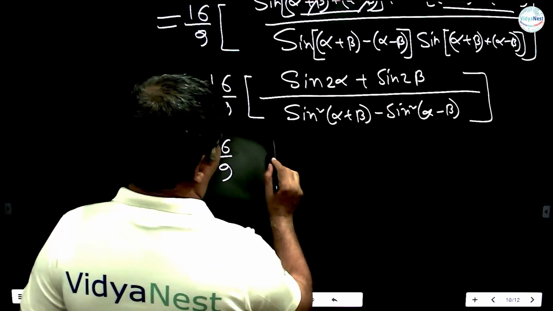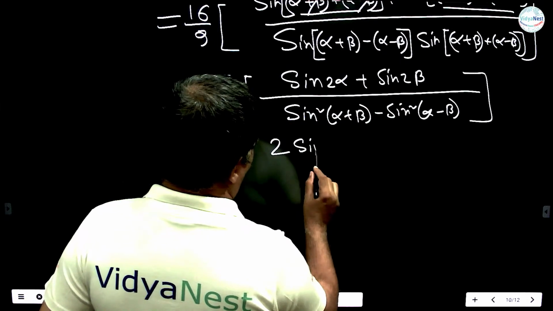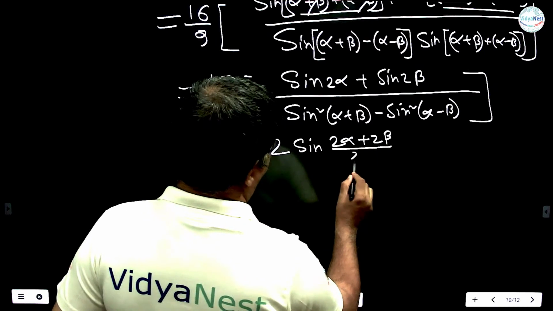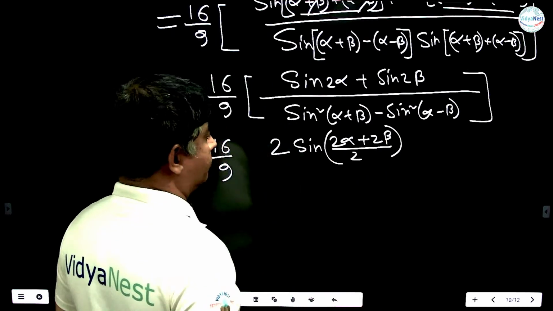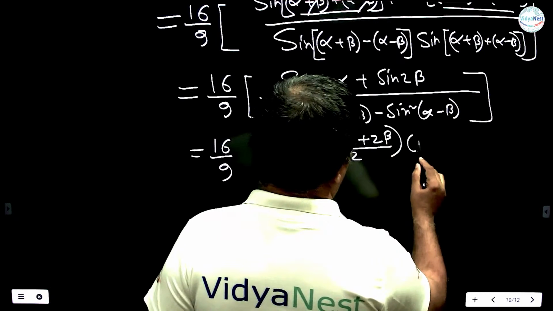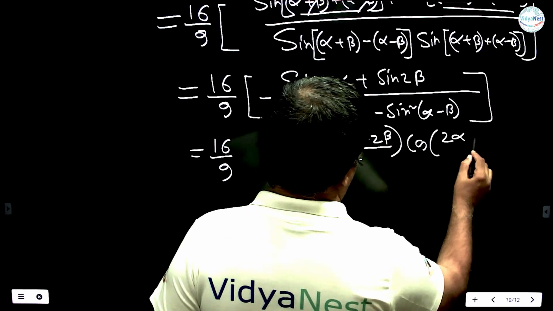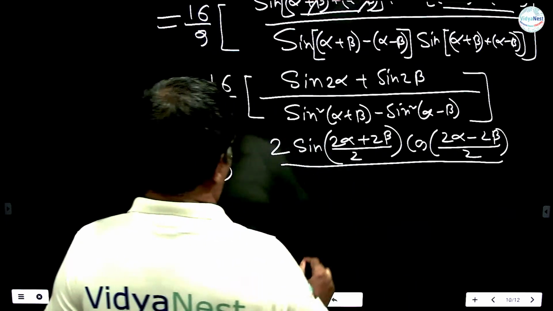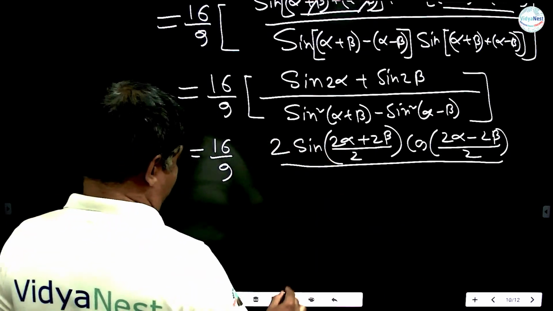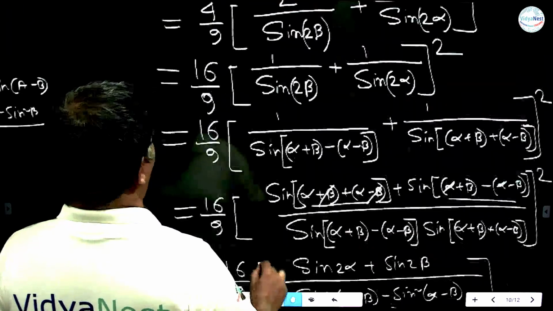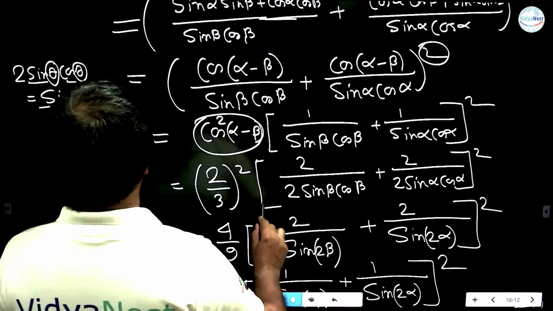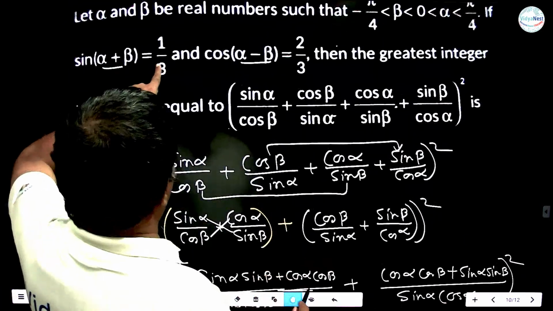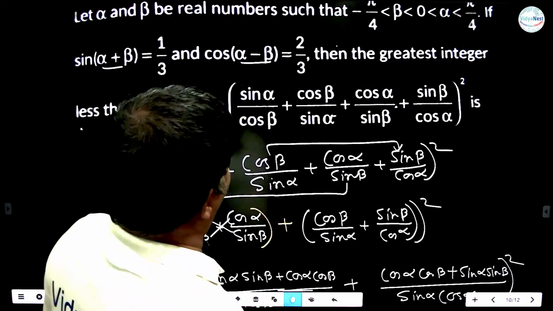Sin C plus sin D, 2 sin C sin square alpha plus beta, sin alpha plus beta 1/3, cos alpha minus beta 2/3. Use their value.